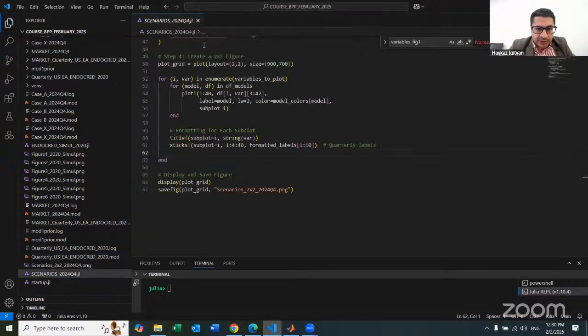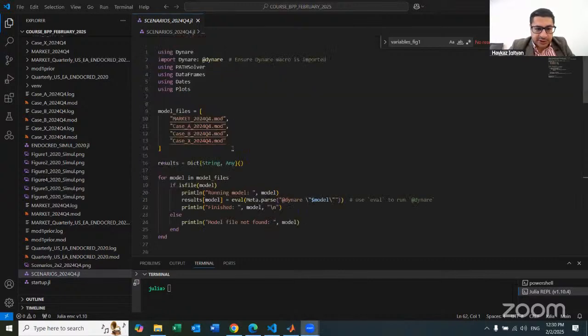2024 Q4 is a Julia code to run the entire system.